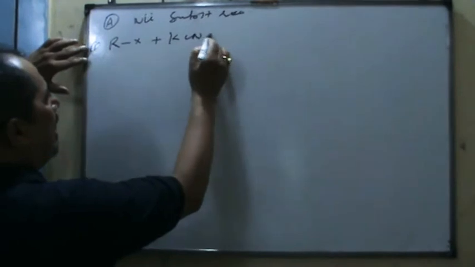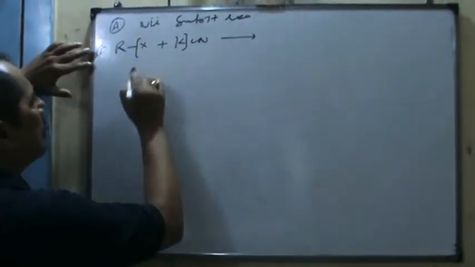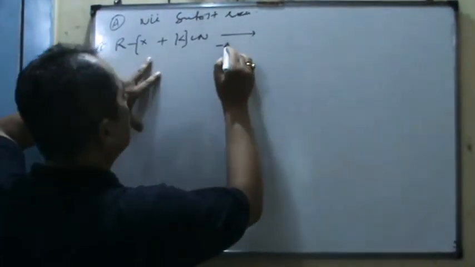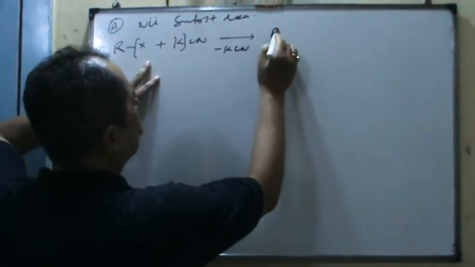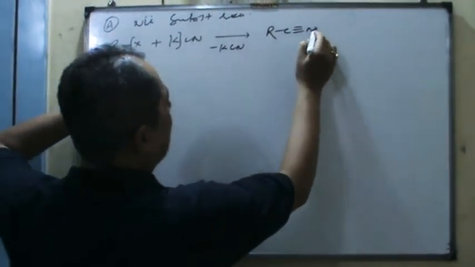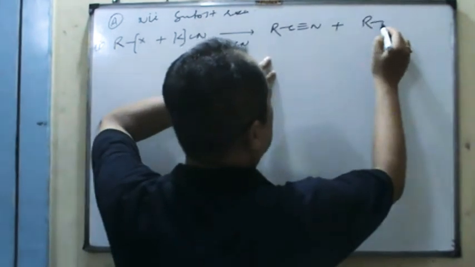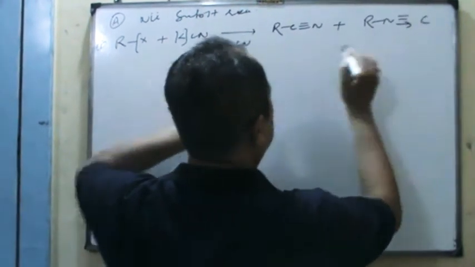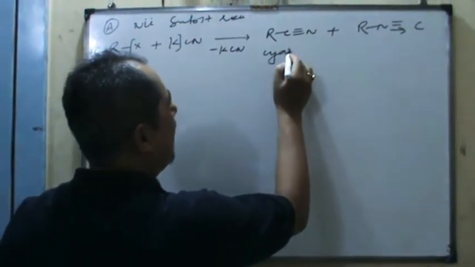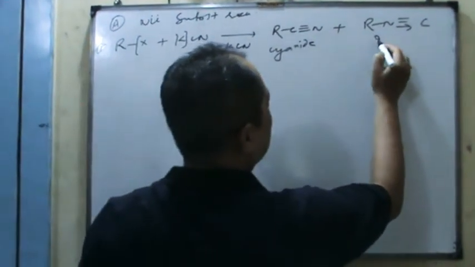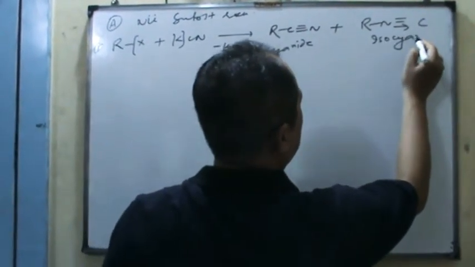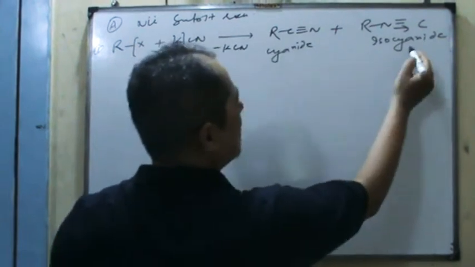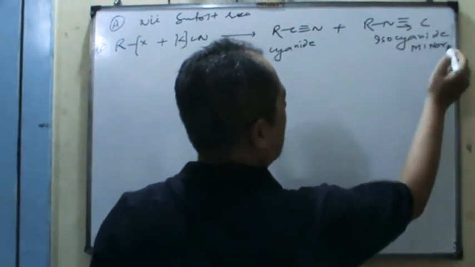Alkyl halide or haloalkane reacts with KCN to form alkyl cyanide as a major product, but alkyl isocyanide as a what product?